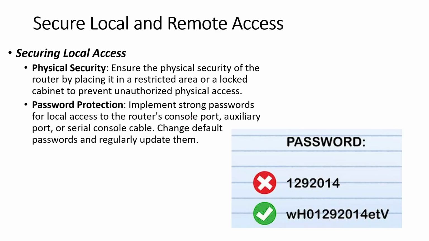For example, you should implement strong passwords for local access to the router's console port, AUX port, or the serial console cable. There are always default passwords in these routers or devices. You should change them before deploying to the location, and you should also regularly update these passwords.